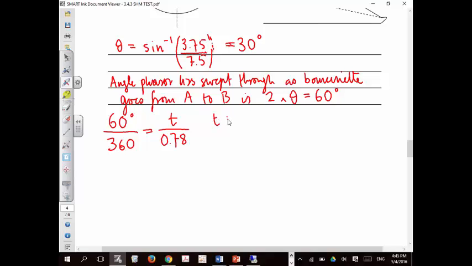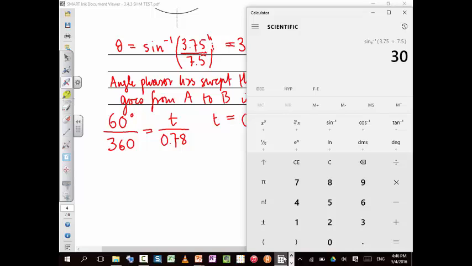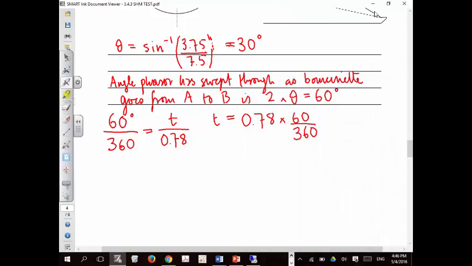So t is going to be equal to 0.78 times 60 over 360. So let's do that. 0.78 times 60 divided by 360 gives us 0.13. 0.13 seconds is how long it takes.